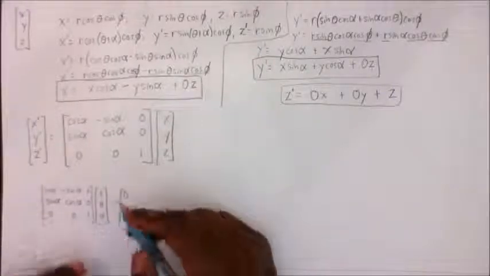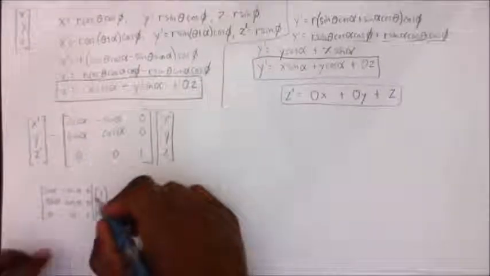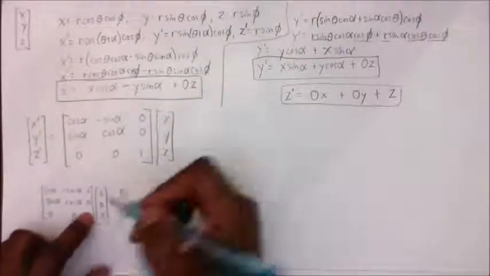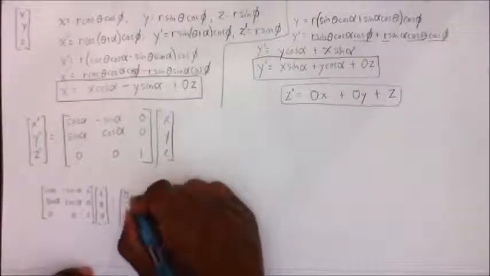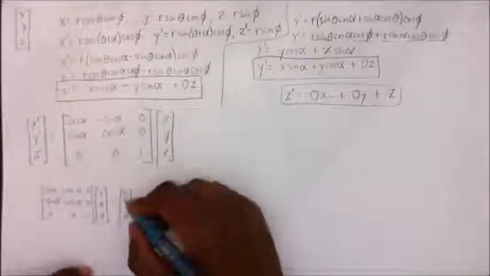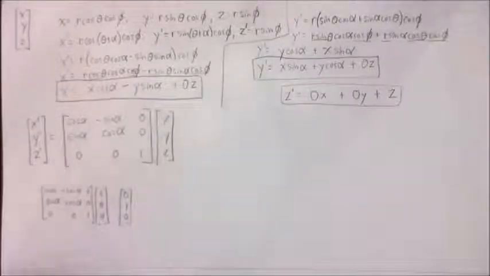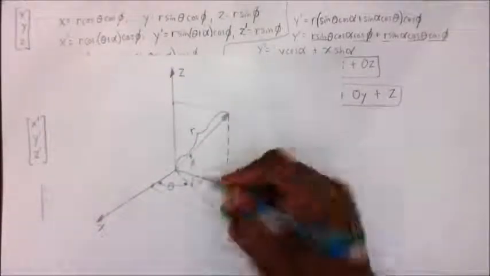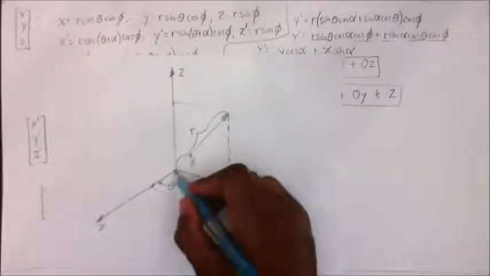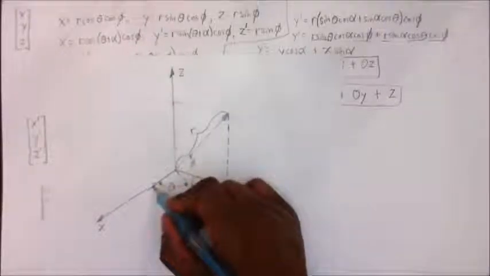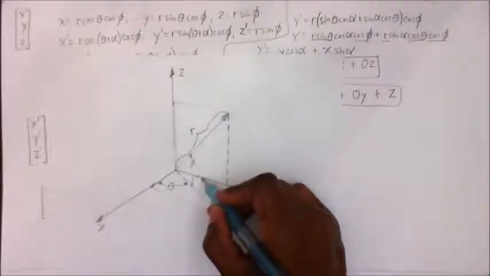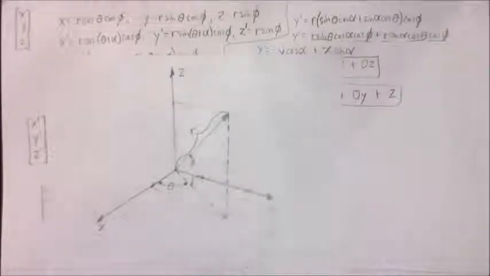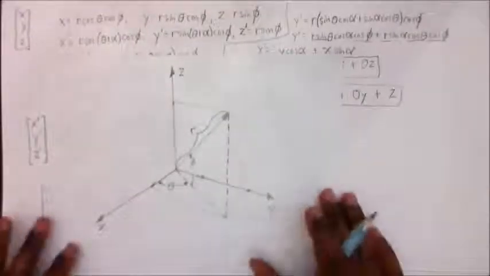So 1 plus 0 plus 0 gives 1. And again, 0 times 1 is 0, 0 times 0 is 0, 1 times 0 is 0, so that's 0. So what we get is the vector 0, 1, 0, which is essentially the unit vector along the y-axis. Basically, the vector started off here, and we rotated it 90 degrees, and it ended up here. So that proves that it does rotate that vector 90 degrees.